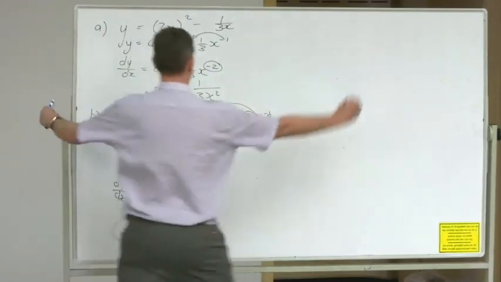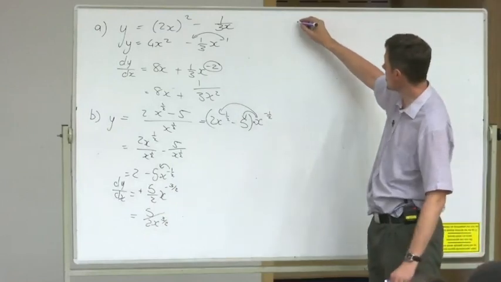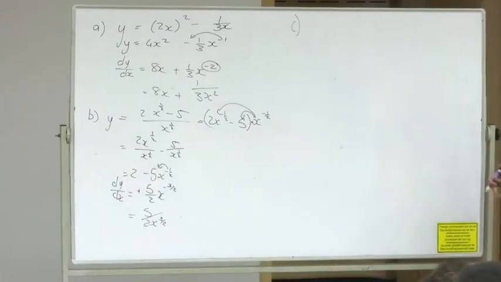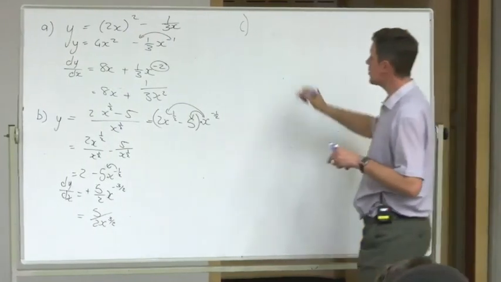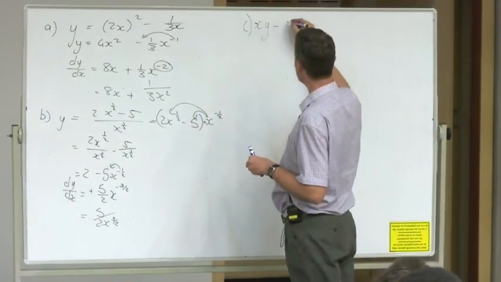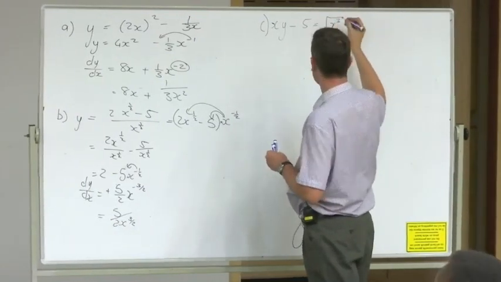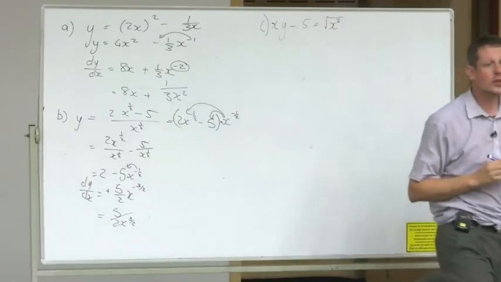If I now look at question C, one of our fan favorites, question C, xy minus 5 equal to root x to the 3. Now, I just want to quickly say this.